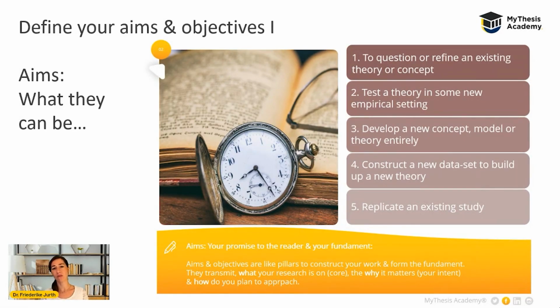Then you can also aim to construct a new data set to build up the theory. This is related to the third point. And then you can replicate an existing study.